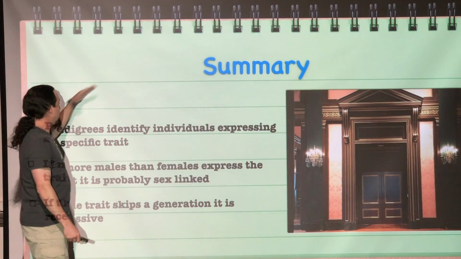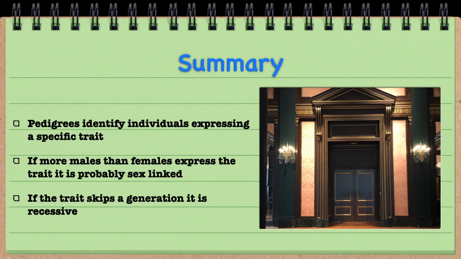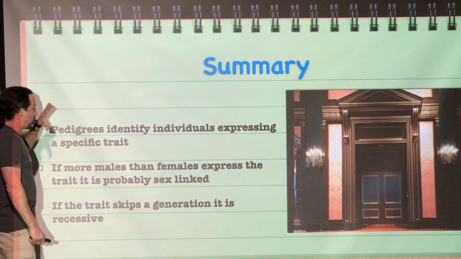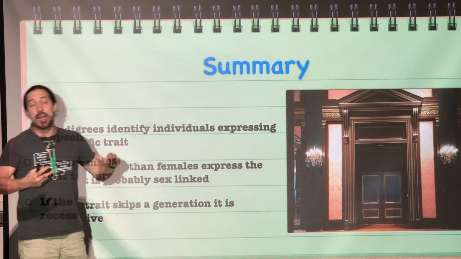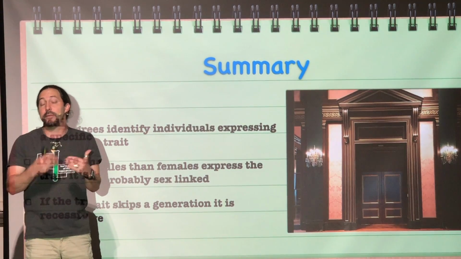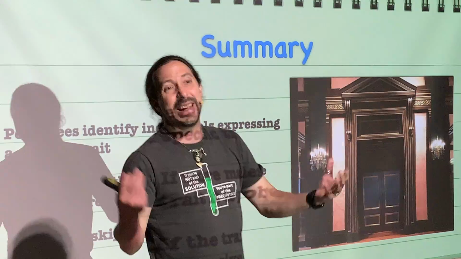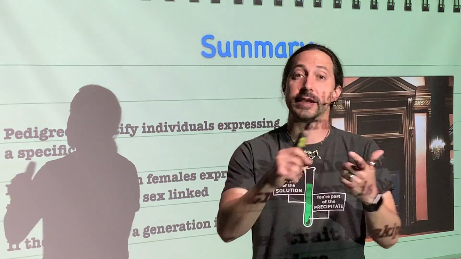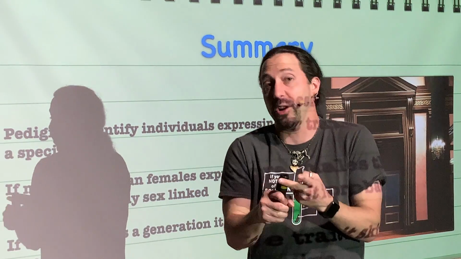So in summary of all this, pedigrees are going to be useful for us as we are tracking a trait through an actual family. They are going to allow us to then determine a little bit of information about that trait. Is that trait probably sex-linked, or is it probably autosomal?